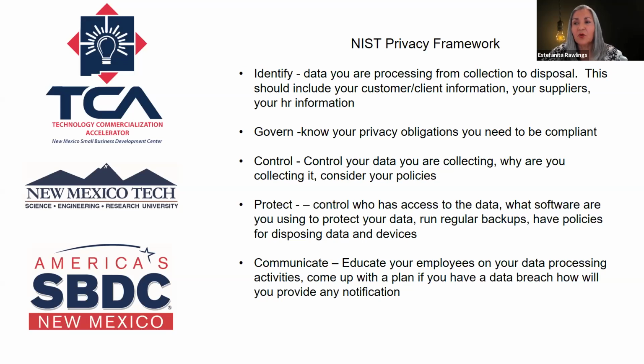Help your workforce know the roles and responsibilities so that they can make better decisions about how to effectively manage privacy risks in the design and deployment of your products and services. And regularly reassess your privacy risks to see if anything has changed.